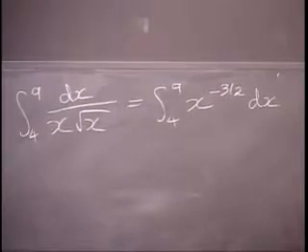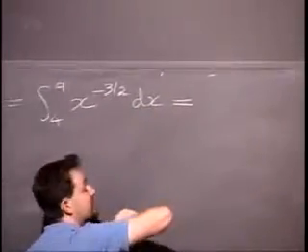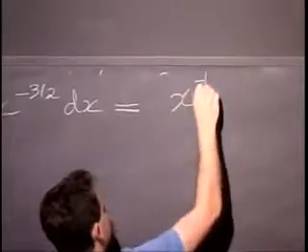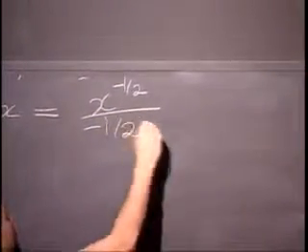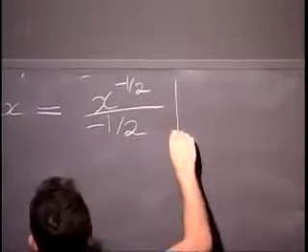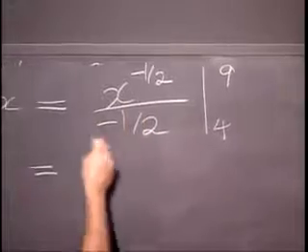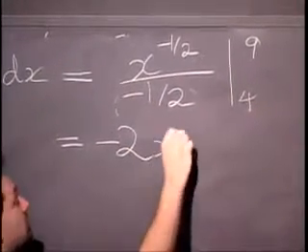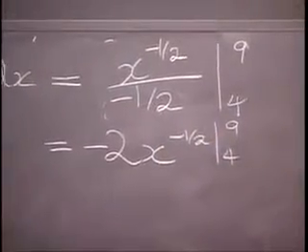So according to the rule, you add 1 to that exponent, and you divide by that quantity. So it's x to the minus 1 half divided by minus 1 half. And we're going to evaluate that from 4 to 9. It will be cleaner to write this minus a half in the denominator as just a minus 2 in the numerator, from 4 to 9.